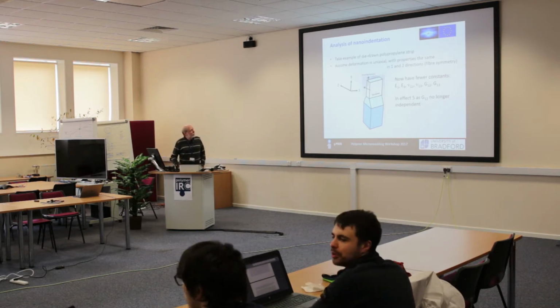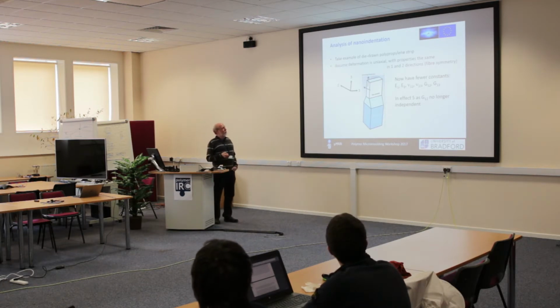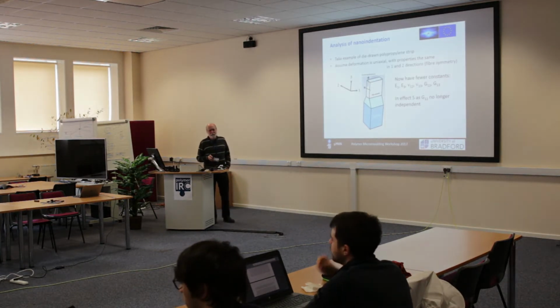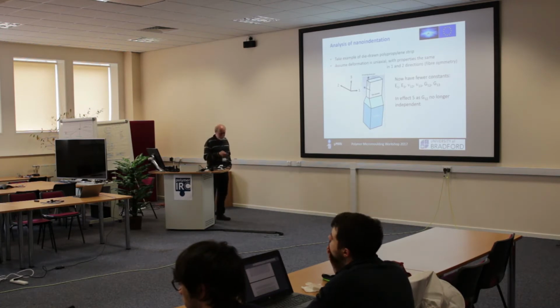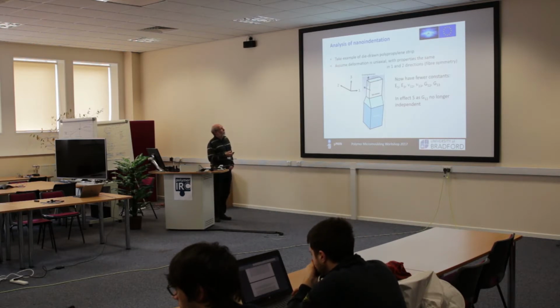So continuing this, let's show some results from nanoindentation based on an oriented polypropylene. This is drawn by us, a small scale drawing in the lab. We produce this material, and we've drawn this. This one has got a draw ratio of 6.5.